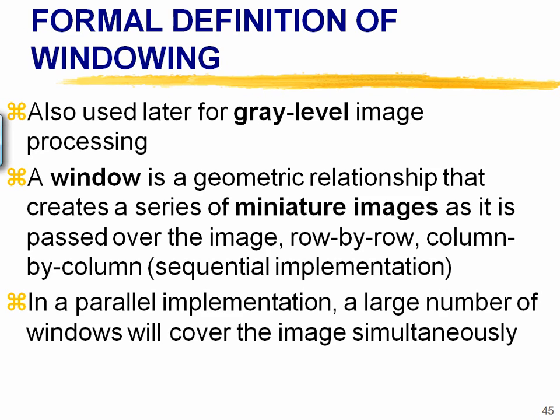The reason for which is because any pixel that is affected by the windowing element is not considered in the next sequential step of the processing. Which means, let's say that I'm working on a 3 by 3 set of pixels. Given my image, I'm going to move this window over one pixel.